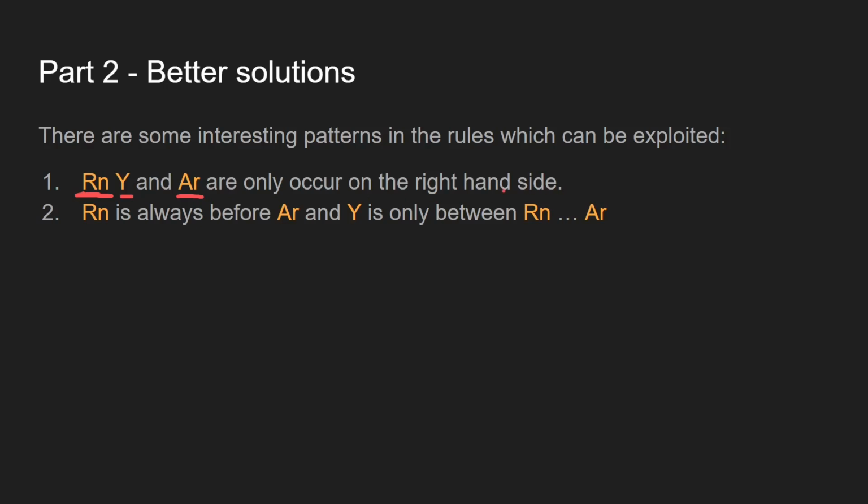I noticed this when I was looking at the problem, but I didn't notice this fact that Rn is always before Ar, and Y, if Y occurs in the right-hand side, it's always between an Rn and an Ar. So you can kind of think of these as Rn being equivalent to a left parenthesis and Ar being equivalent to a right parenthesis. So these two should always match.